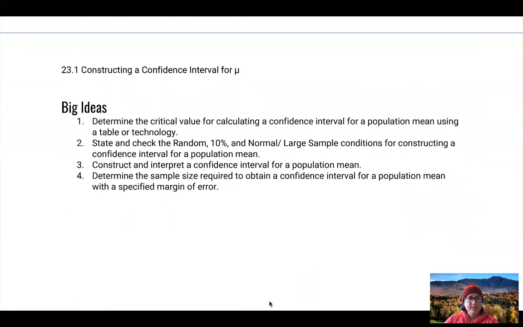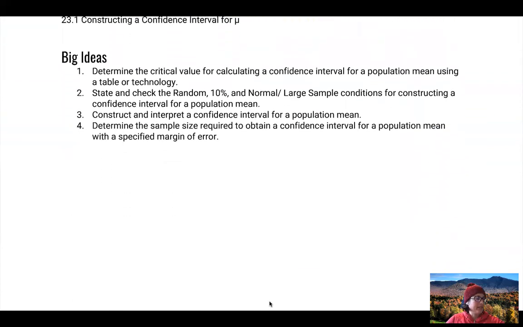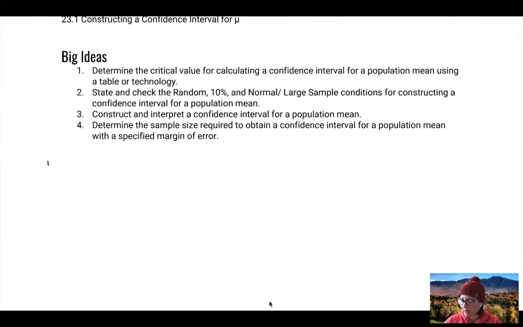All right, so big ideas for this section. Determine the critical value for calculating a confidence interval for a population mean using a table or technology. So for that one, that's referring to how to get T star. The important things to remember are degrees of freedom, you have to use your sample size minus 1, and then you can either use the t-table or you can use technology.